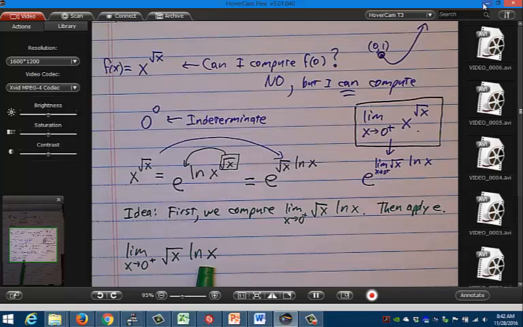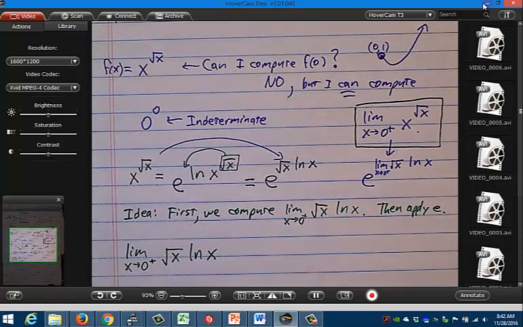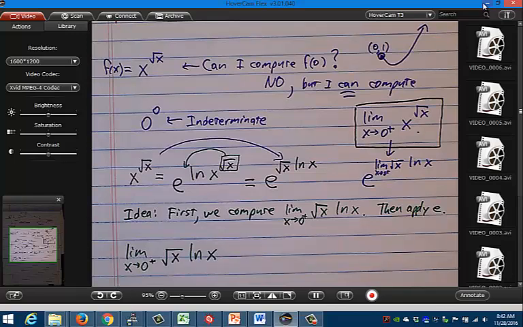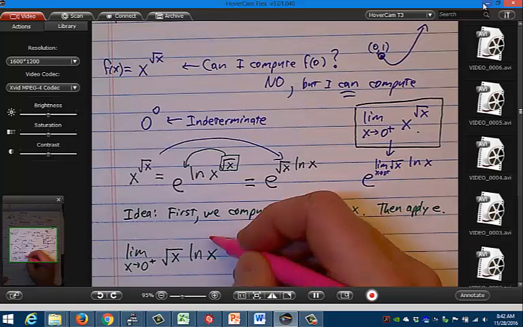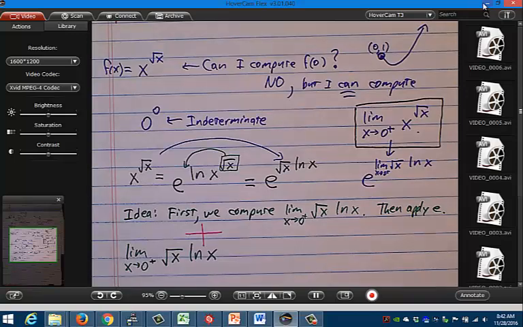No, you can't. But as we get close to 0, what happens to the natural log function? You guys remember what the graph looks like? If you think about the graph of the natural log, let me graph it for you very quickly here.